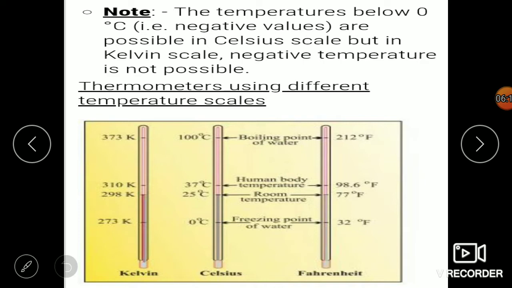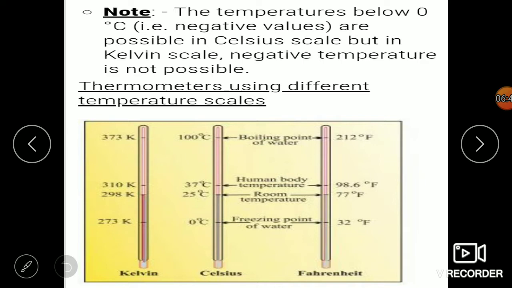In degree centigrade you get negative values: minus 3 degree, minus 2 degree, minus 5 degree, minus 10 degree, like that, in the news or newspaper, where perhaps you have heard or seen it. But in the Kelvin scale you never get a negative value. So negative temperature is possible for the degree centigrade scale, but it is not possible for the Kelvin scale. You have to remember it.